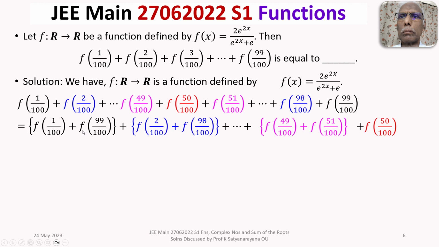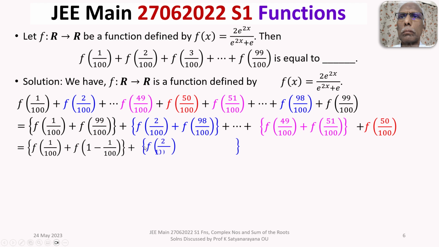Now, this f of 99 by 100, you can see it as f of 1 minus 1 by 100. And this f of 98 by 100, you can see it as f of 1 minus 2 by 100, and so on and so forth. So you will get f of 1 by 100 plus f of 1 minus 1 by 100.